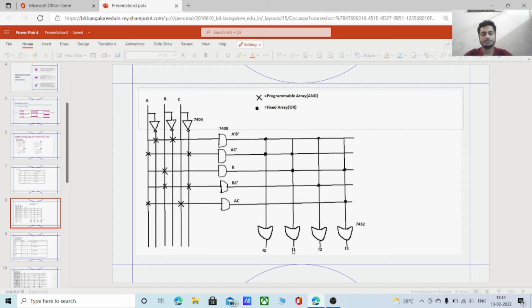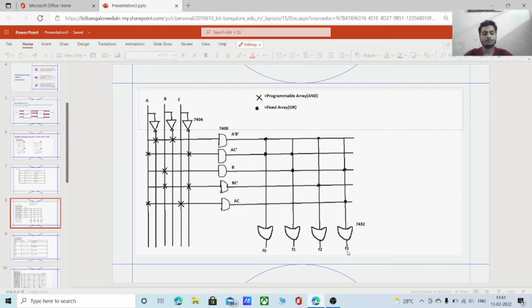The second function is F1, which is B plus A into C complement. So we make connections at B as well as A into C complement and pass it through an OR gate. So we get F1. And the third function is F2, which is A complement into B complement plus B into C complement. So we make connections at A complement into B complement and B into C complement by using dots.